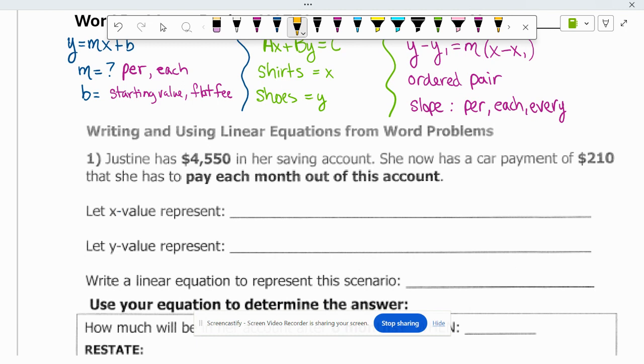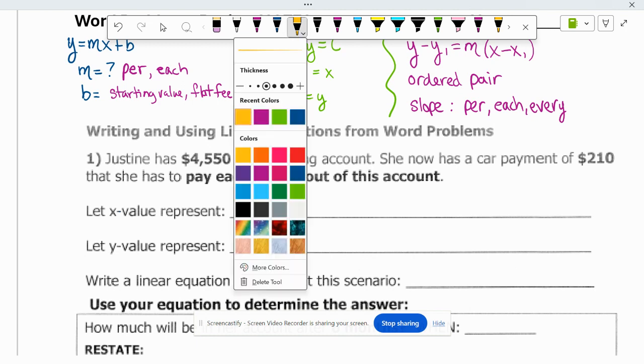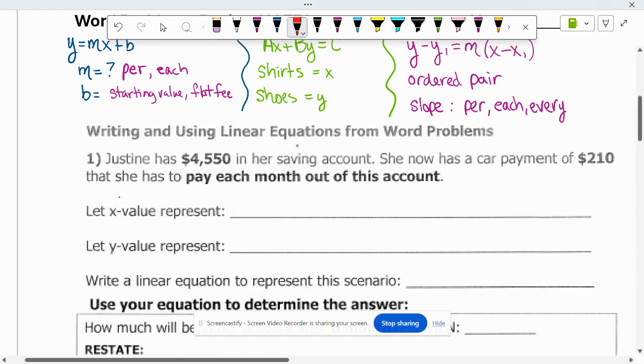So I want to remind you, when you think about word problems, but especially when you think about linear problems, remember that if there's ever any kind of element of time, and when I say time, I mean hours, days, months, years, etc. Time is x. Time is always x, okay?